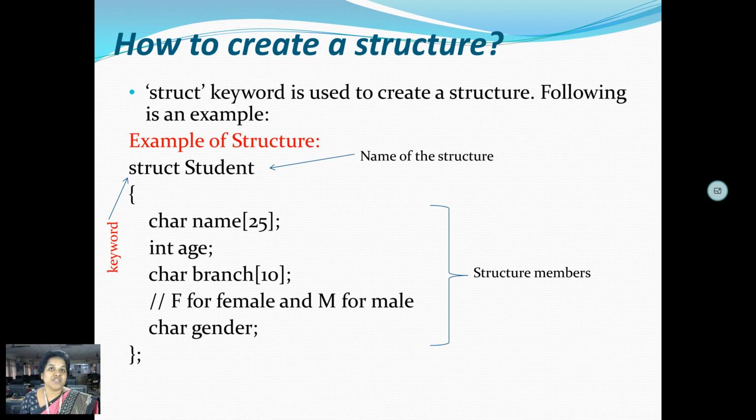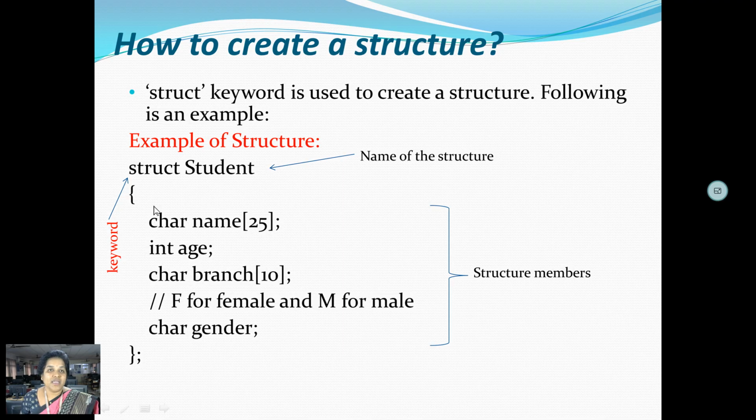Whereas in the structure, the items are of different types. Each and every member can be of a different type, not all of the same type. Also, while declaring a structure, it should start with the keyword struct, whereas for arrays there is no keyword to declare an array. That is the difference between structure and array.